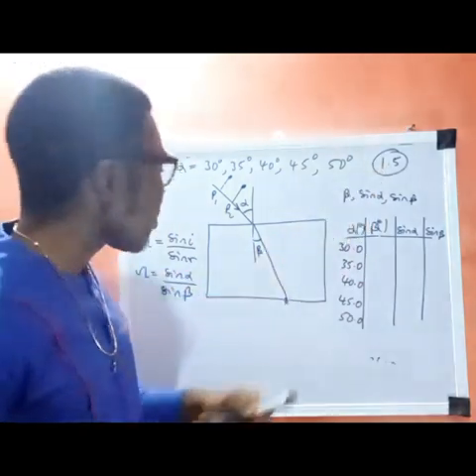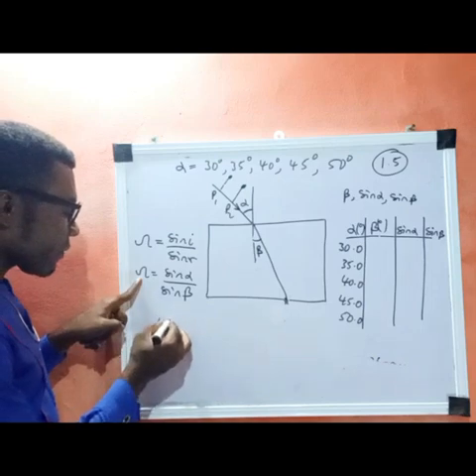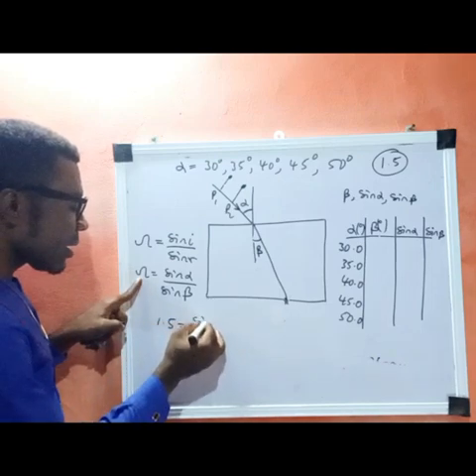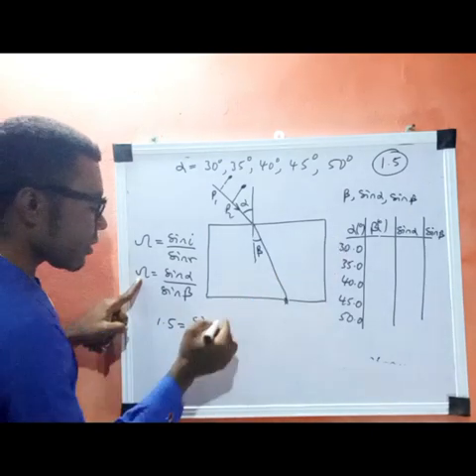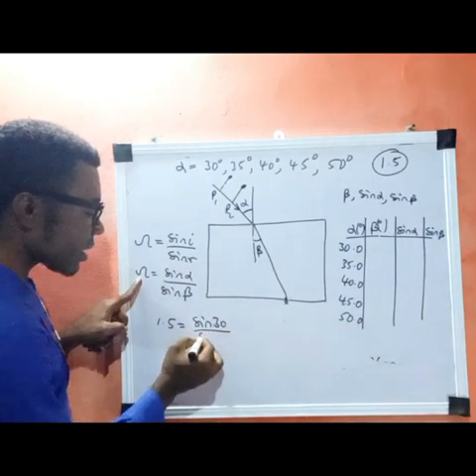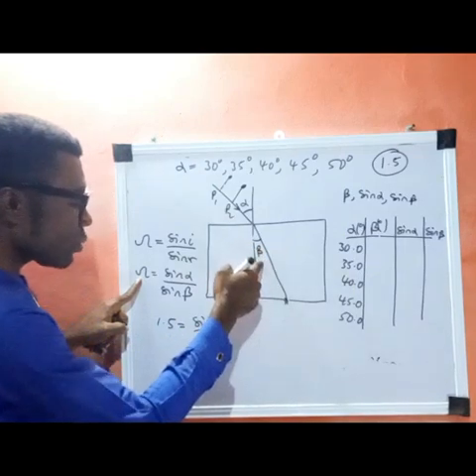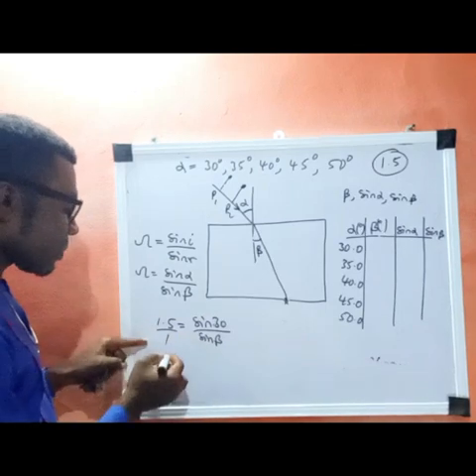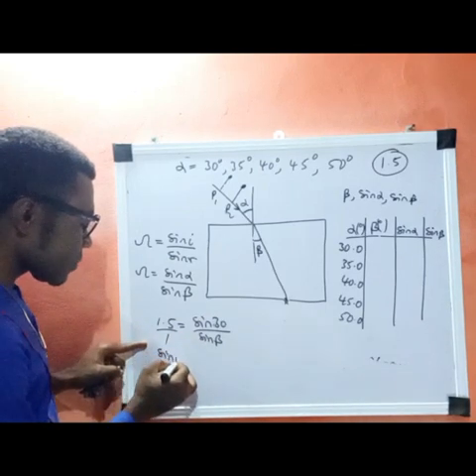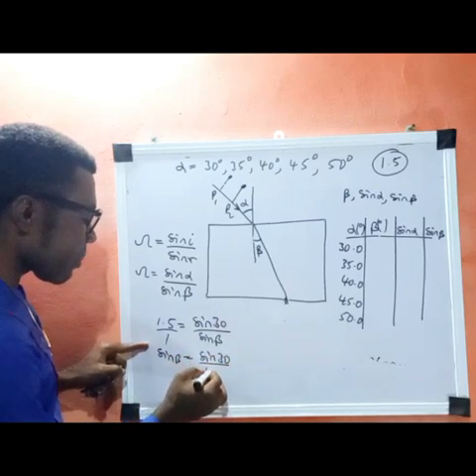So if we assume it to be 1.5, the refractive index, 1.5, equals sine alpha, where I use 30 as the first value given, sine 30 over sine beta, which is what I'm looking for. I'm looking for beta. Mathematics will come in here: we cross multiply, so that sine beta will be equal to sine 30 over 1.5.